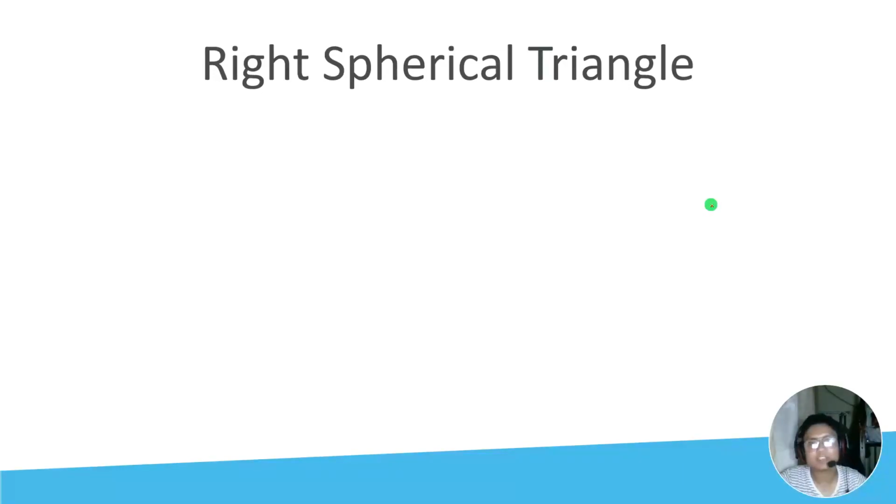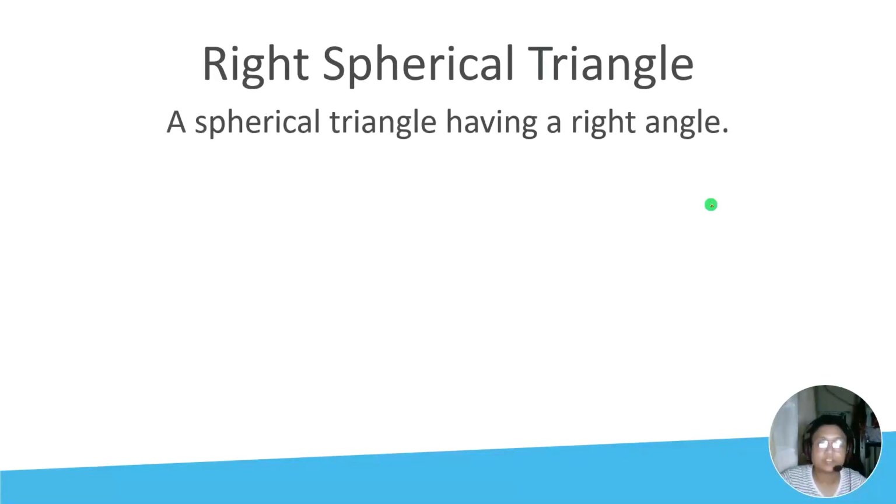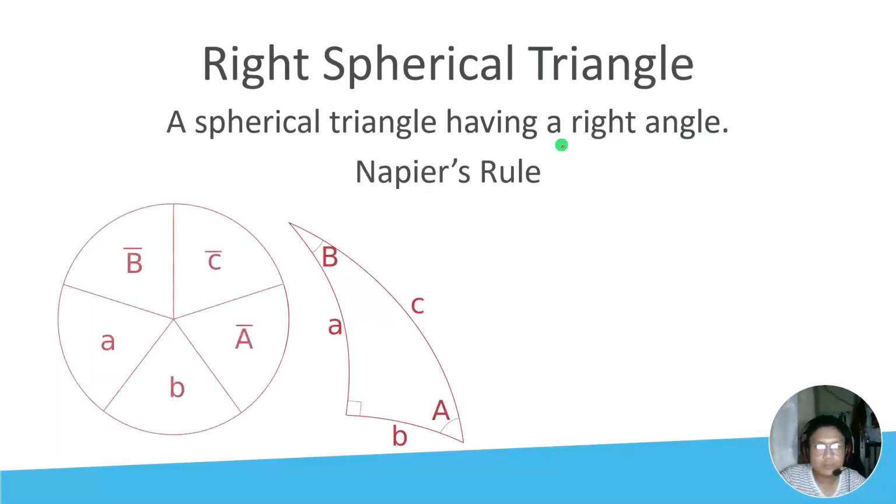Alright, a right spherical triangle is a spherical triangle having a right angle. And one solution to that is Napier's rule. In Napier's rule, as you can see here in a spherical right triangle where the right angle is angle C, we should draw a circle and divide it into 5 parts.